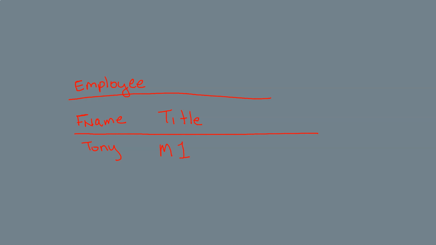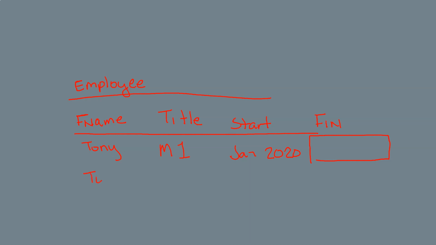And this starts, so we're going to have a start date. We'll just say January of 2020. And we'll have a finish date. And we'll leave this blank. Now, when Tony goes up and changes his title, we're going to create a whole new record.